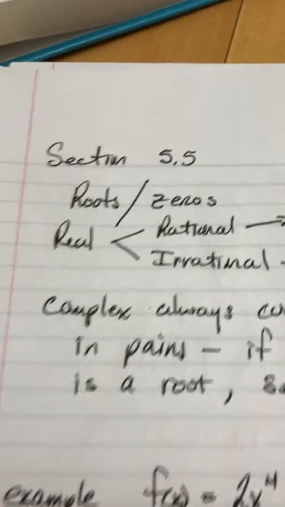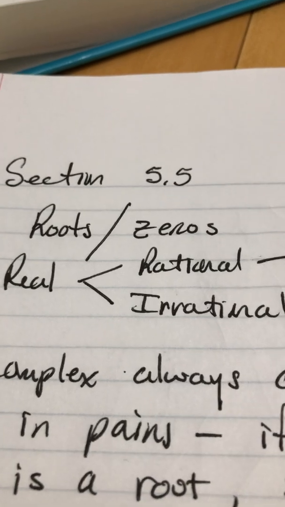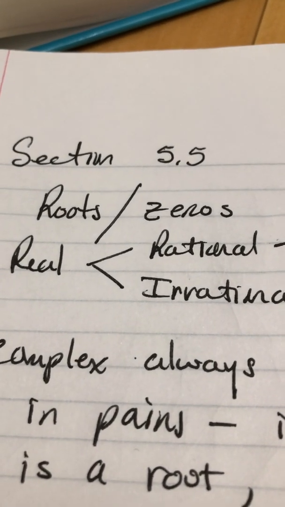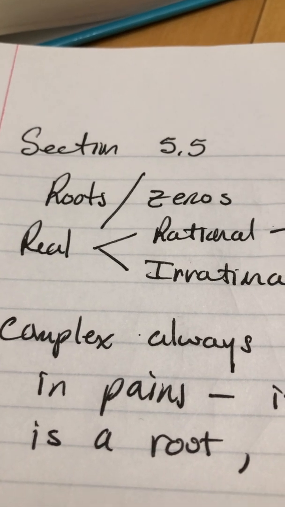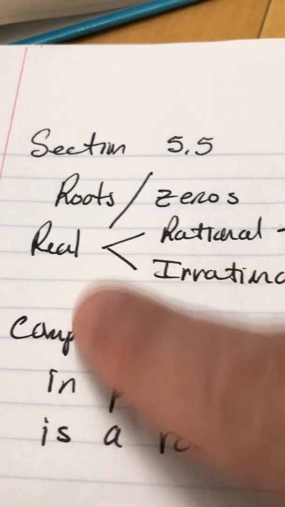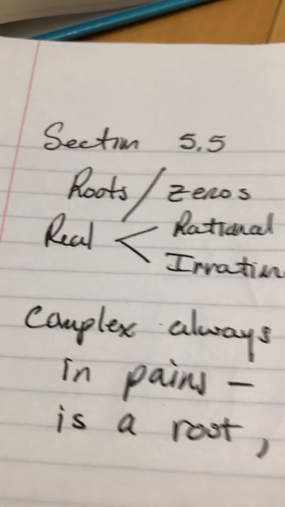So we are working in section 5.5 and we are dealing with roots. Roots that are zeros can come in either real forms or complex forms. Complex roots always come in pairs.